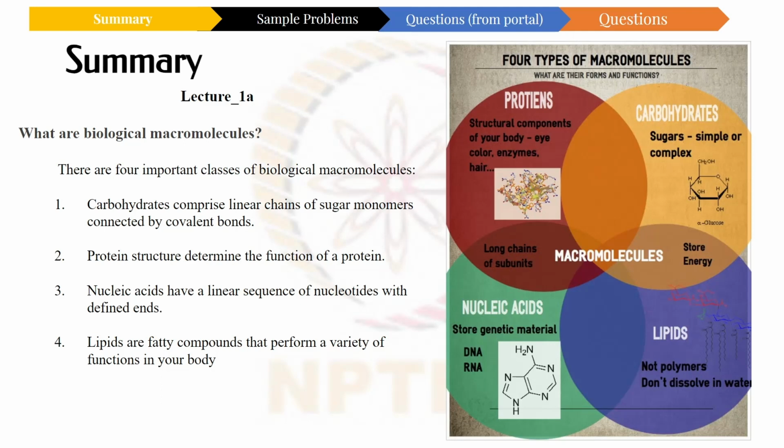These serve as enzymes catalyzing chemical reactions, structural components maintaining cellular integrity, transporters facilitating molecular movement, and signaling molecules helping in communication within the cell. For example, let's take a commonly known protein, hemoglobin, which is responsible for oxygen transport in blood, and another is antibodies defending against infections.